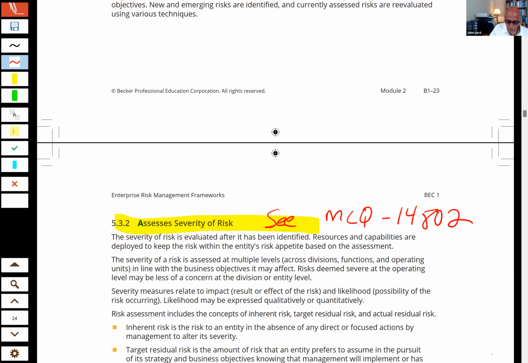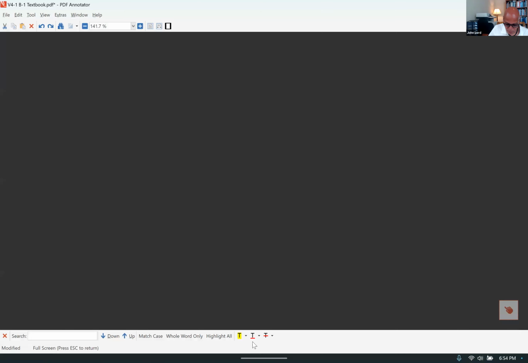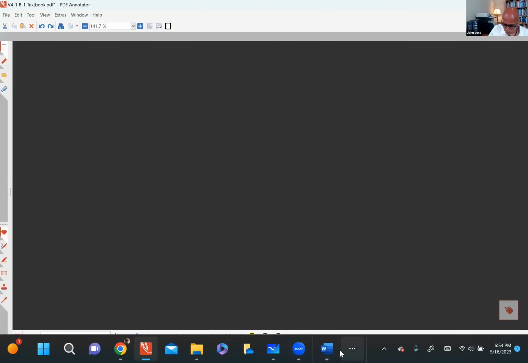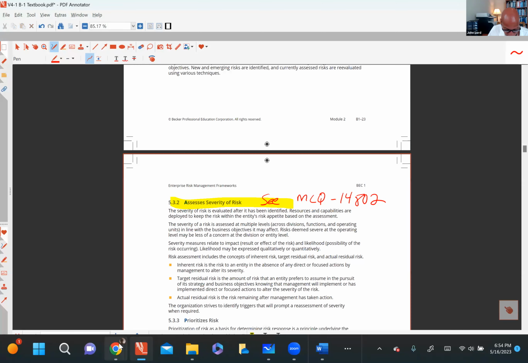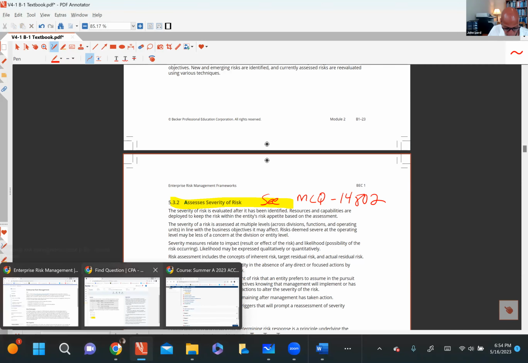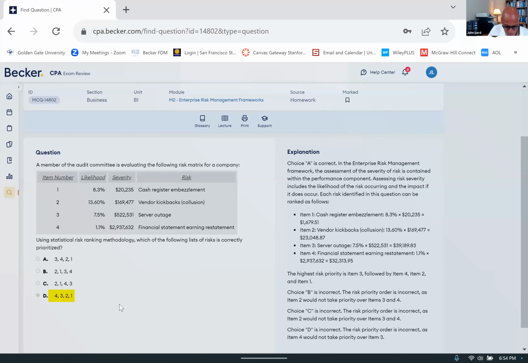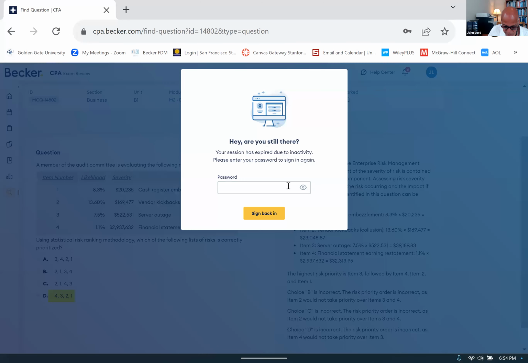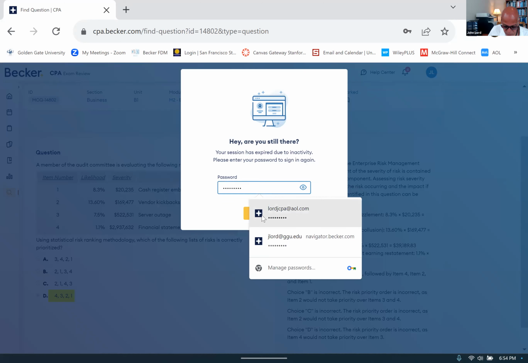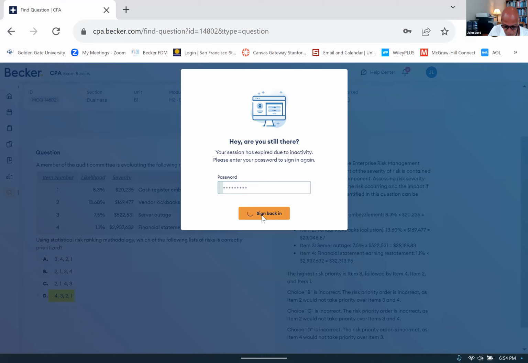Maybe I can get to it this way. Hang on, I'm going to try to stay in tablet mode. I'm just wondering if I can get to it. Yeah, here it is. I don't want to do that unless it's just going to give me my password. Let's see if it just lets me in that way.